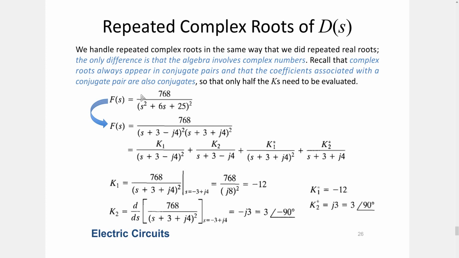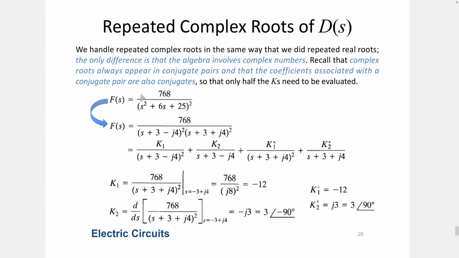And we can decompose this into four-term fractions. Within those fractions, we will have coefficients like k1, k2, and k1 star and k2 star. Now, looking at this, I just need to compute two things, k1 and k2. Once I know them, I can solve it all.